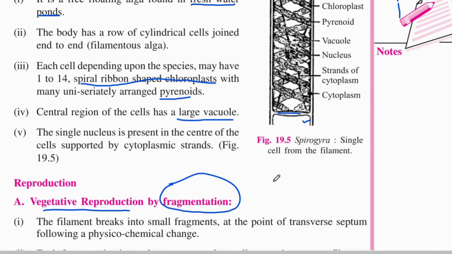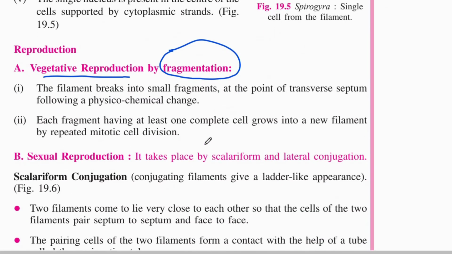At this point the filament breaks into small fragments following a physiochemical change, and each fragment having at least one complete cell grows out into a new filament by repeated mitotic division. An entire filamentous Spirogyra organism is produced. So the method of vegetative reproduction in Spirogyra is fragmentation.